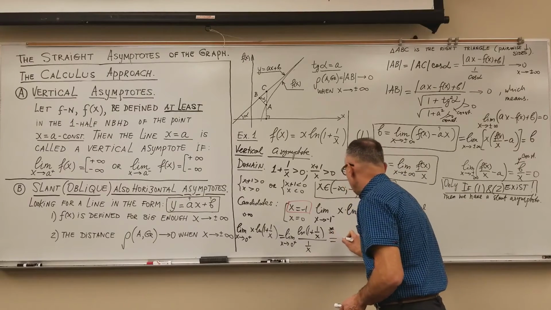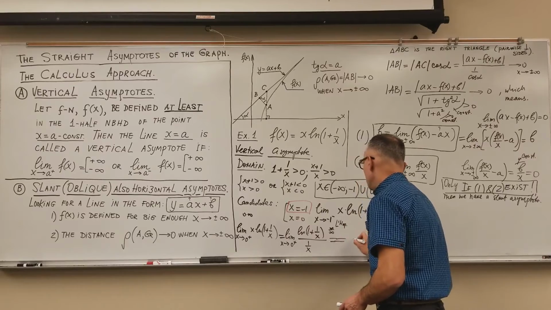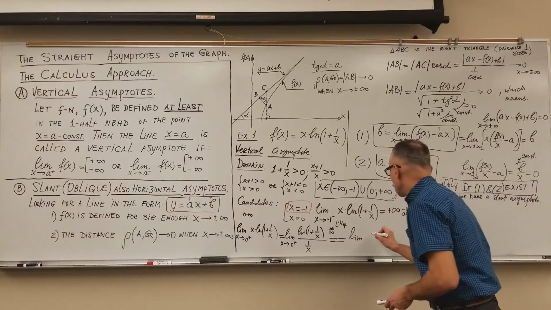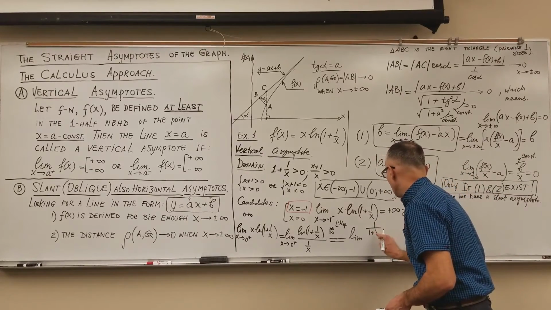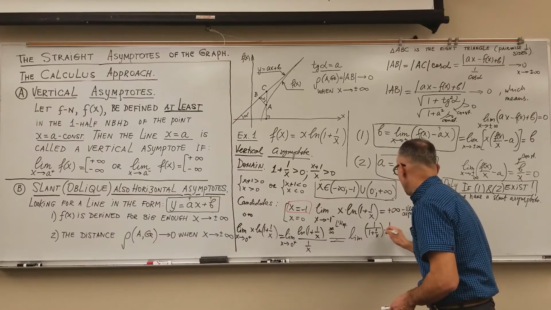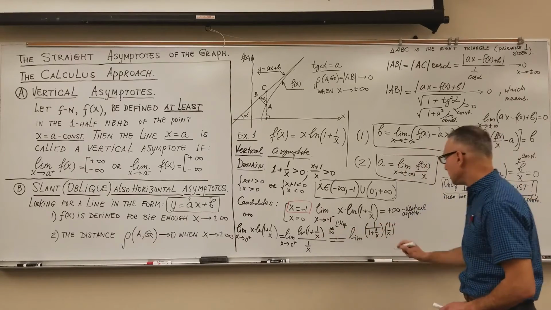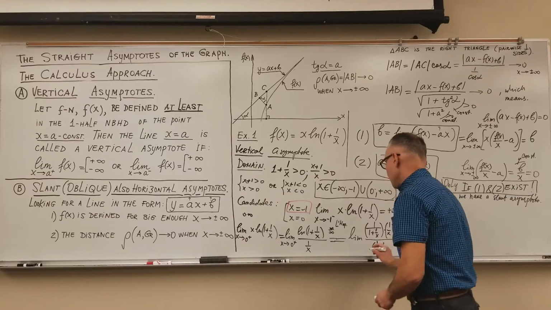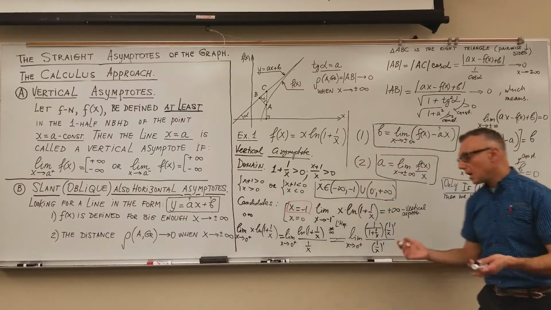L'Hopital's rule says that I need to look at the derivatives: the limit of 1 over (1 plus 1 over x), multiplied by the derivative of 1 over x, divided by the derivative of 1 over x, when x goes to 0 plus. I hope that's clear.